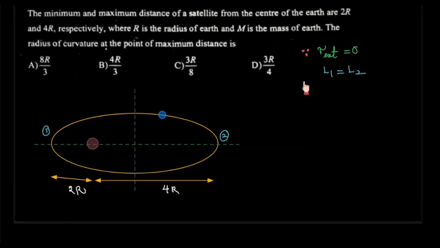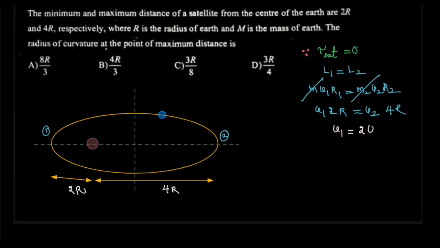So L1 is equal to L2, therefore m into V1 into R1 will be equal to m into V2 into R2, right? Both masses are equal. V1 into 2r will be equal to V2 into 4r. If I cancel this, you get V1 equal to 2V2.